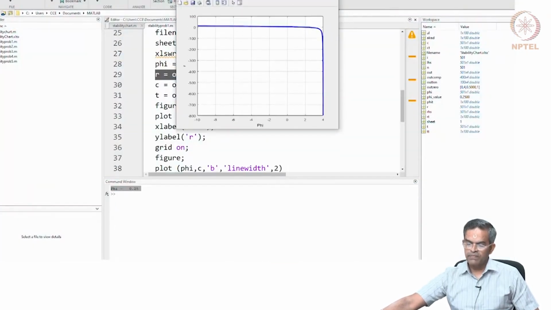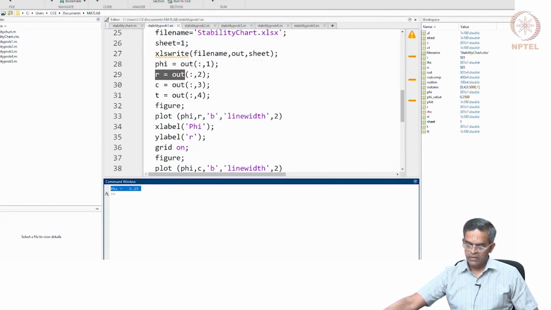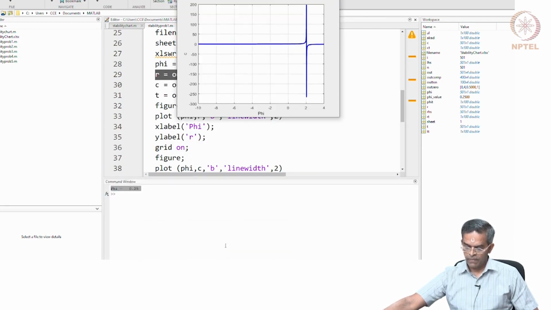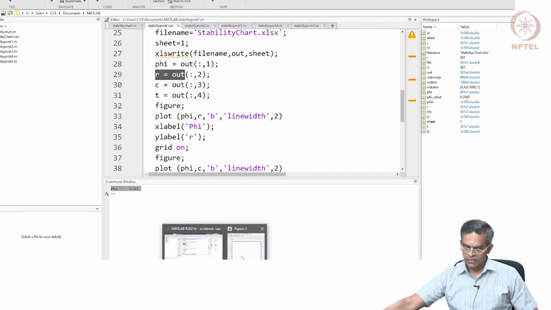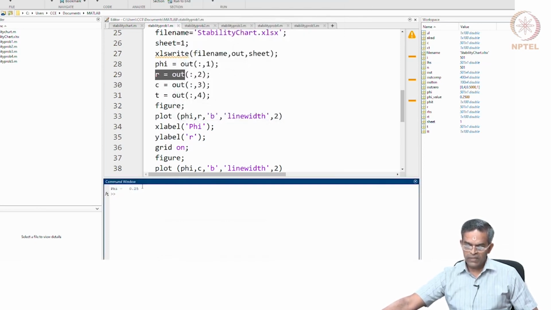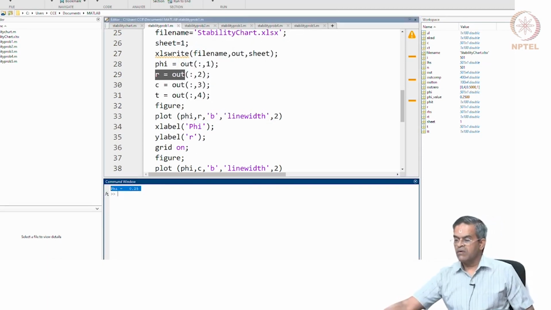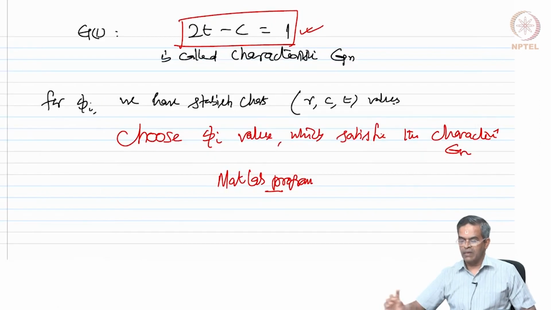This is my R value variation and this is my C variation with respect to phi, and this is variation of T with respect to phi. It is a chart. So, after searching in the table or the chart, it gives me a phi value as 0.25. So, now I got phi value as 0.25 from the MATLAB.